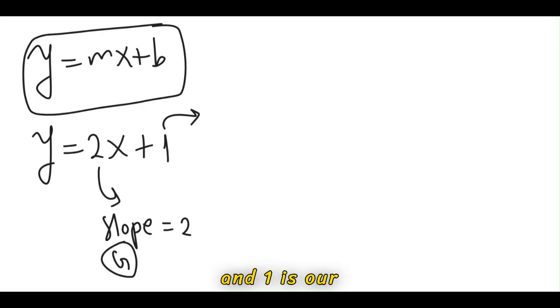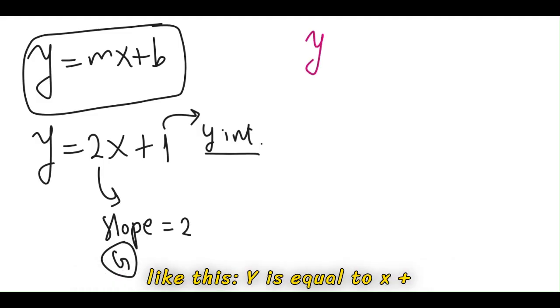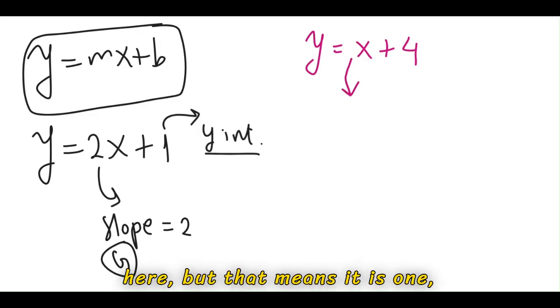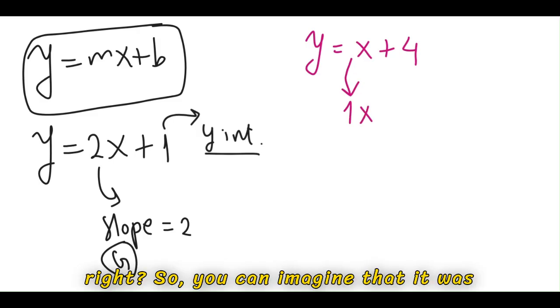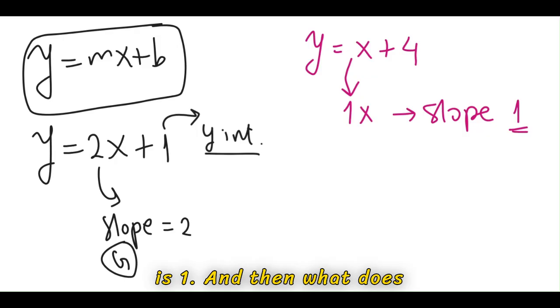And 1 is our y-intercept. But what if we have an equation that looks like this? Y is equal to x plus 4. There is no number here, but that means it is 1, right? So you can imagine that it was 1x. So the slope is 1. And then what does 4 stand for?